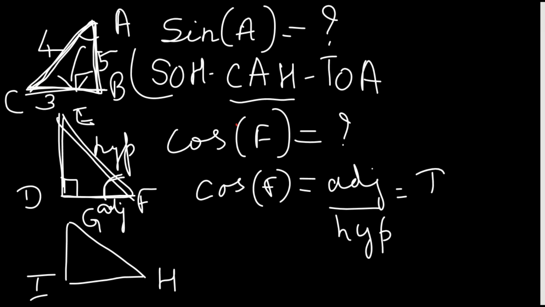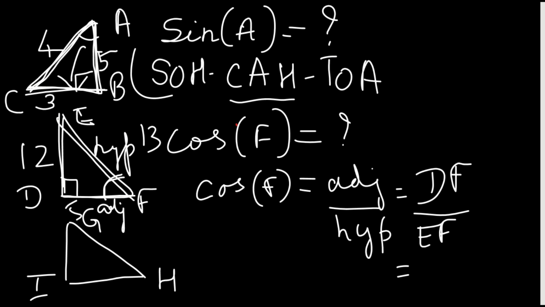So that will be DF by EF. Am I correct? Yes, I am. So DF will be 5 and EF will be 13. So this is our answer. Cos of F is 5 by 13.